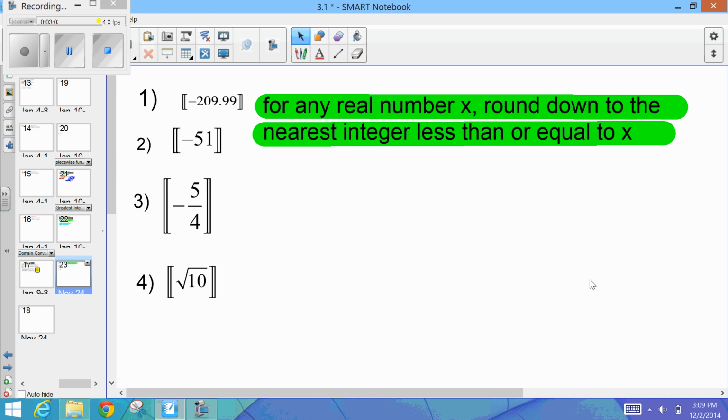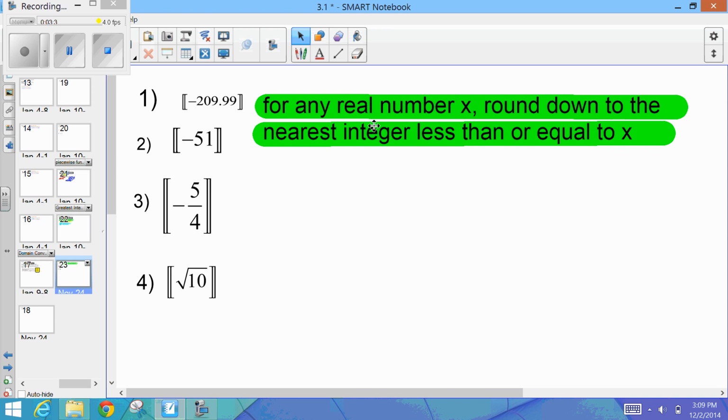They cannot be fractions or decimals. So that's one of the things you need to know: the output here is always an integer. The next thing you need to know is that it has to be smaller than or equal to the input, and it has to be as close to the input as possible.